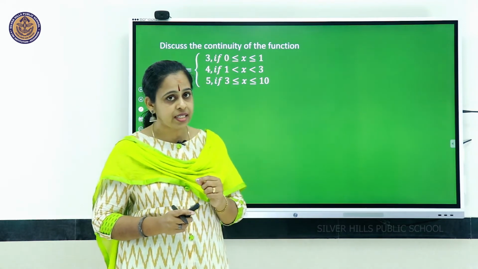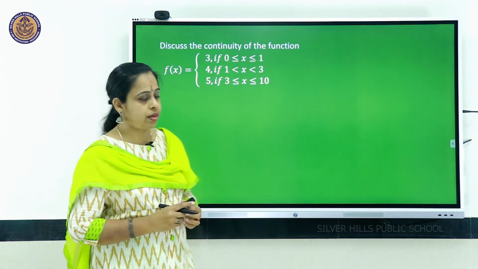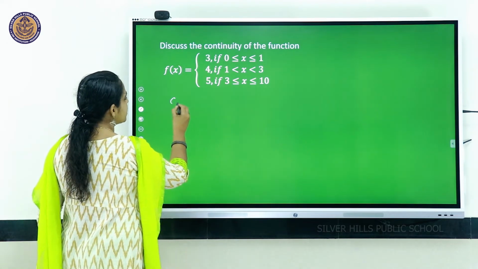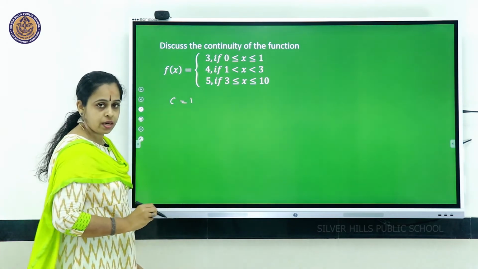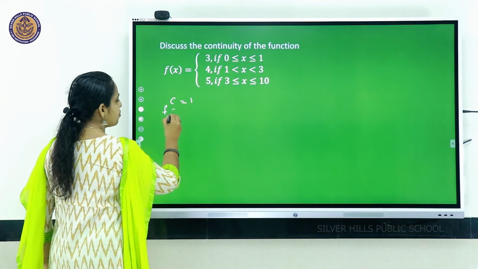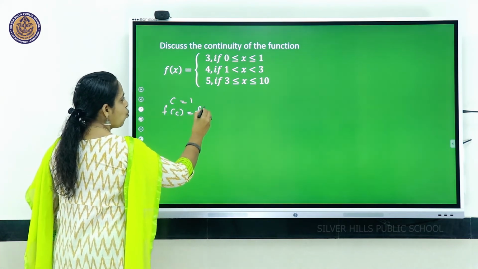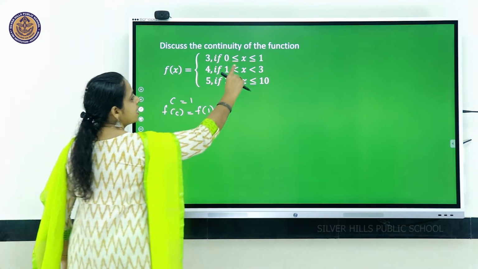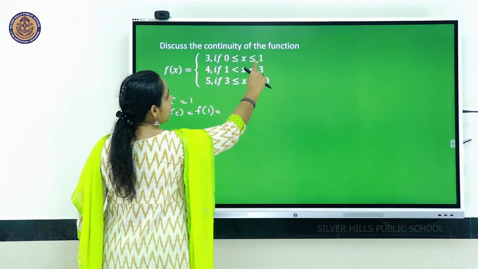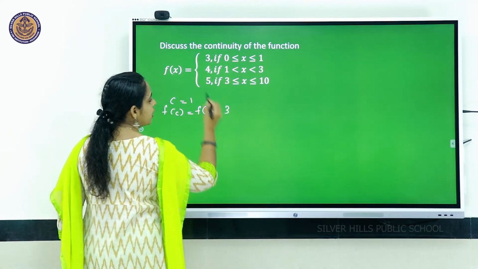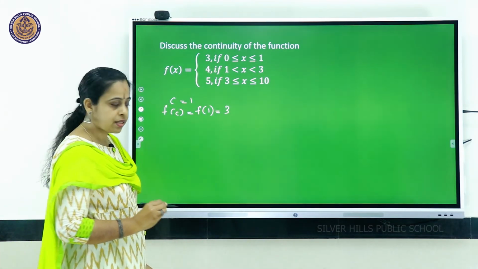Now let us check at the point 1. When c is taking the value 1, what will be your f of c? F of 1, when x is equal to 1, it takes the value 3. Correct?